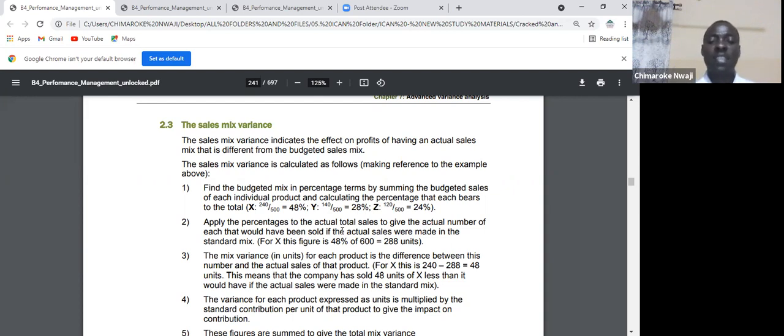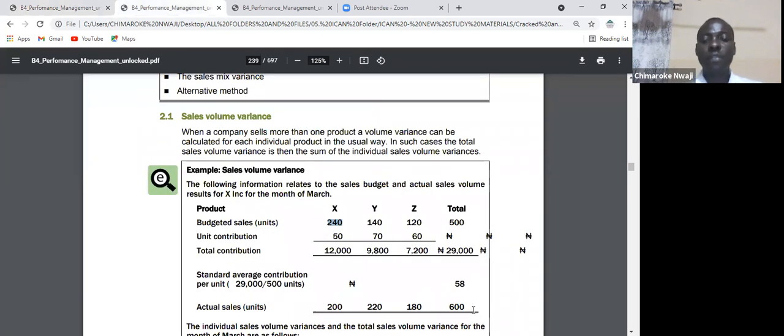Now, after getting their mix, apply the percentages to the actual total sales to give you the actual number that would have been sold if the standard mix were used for the actual sales. So what it means here is that you decide to sell 600.